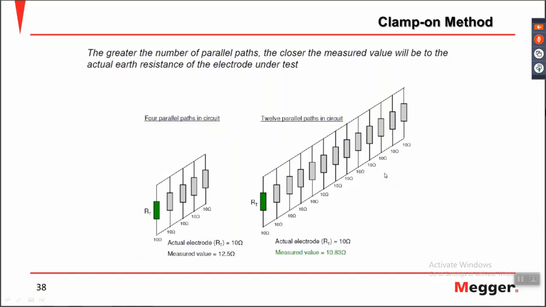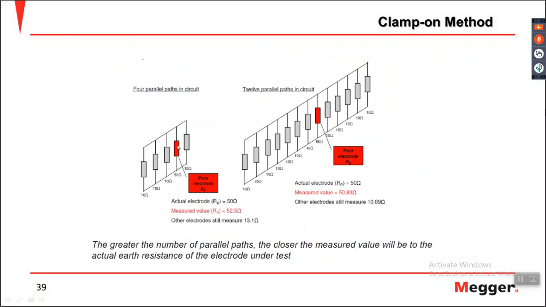But if you have only one path, of course the result will be not accurate, much less accurate. But you still can find your problem, I mean the grounding resistance problem. If you have different values on the paths, for example this ground has 50 ohm, a very poor electrode value, if you measure here, you will get maybe around 52.5.